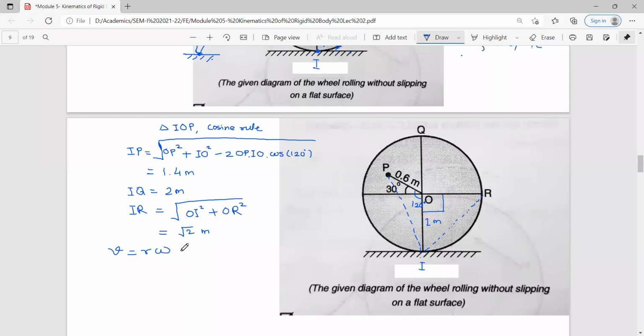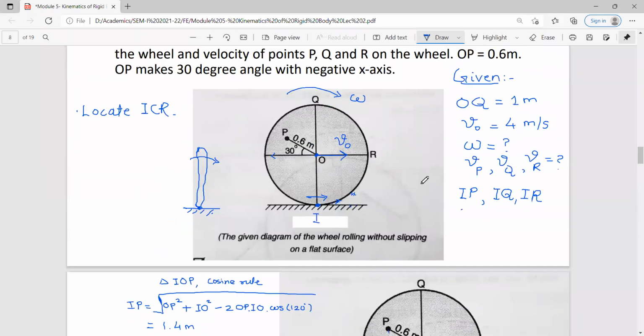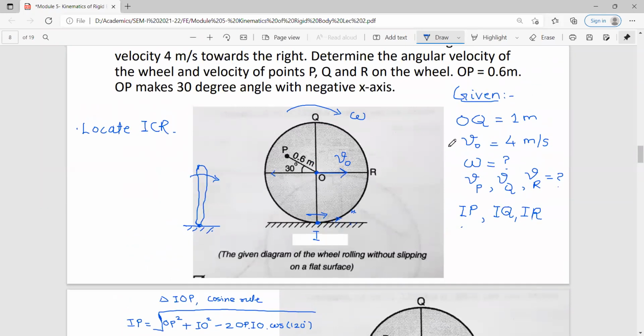So we will first calculate the angular velocity. If the velocity of any point on the wheel is known to us, okay, see which point's velocity is given to us. That is velocity of point O, which is given to us, 4 meter per second.